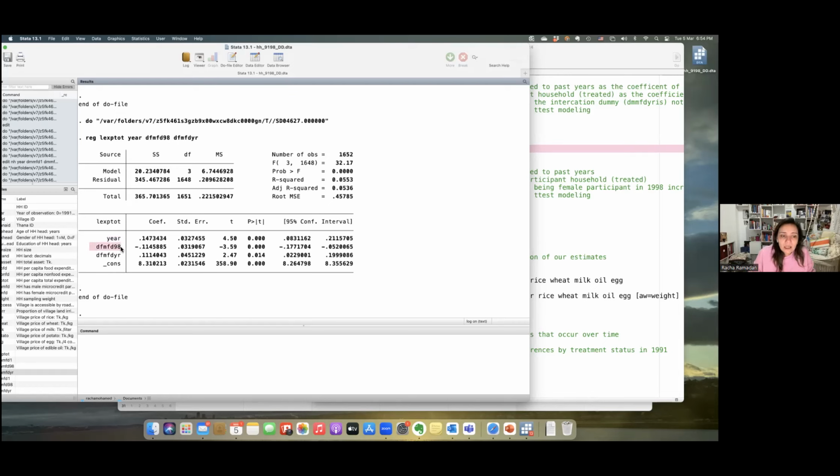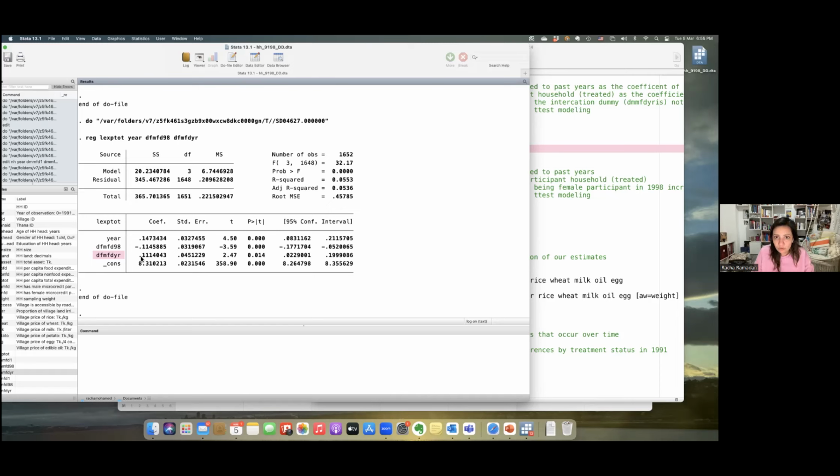For the treatment dummy and the interaction, this is the coefficient I am more interested in. So being a household with a female microcredit beneficiary, benefiting from this program, we will have significantly higher total expenditure per capita compared to the other households, which means that I can conclude that the female microcredit has a positive significant effect on the total expenditure per capita of the Bangladesh households.